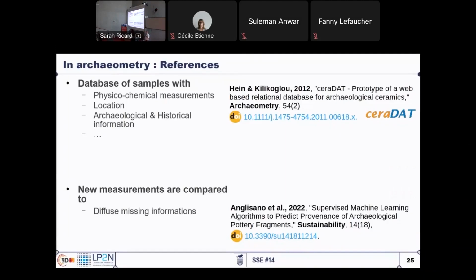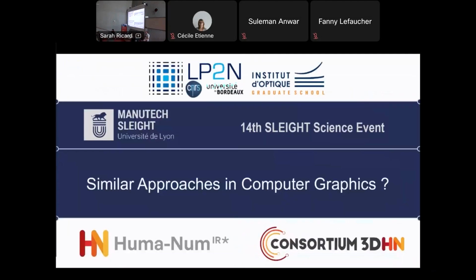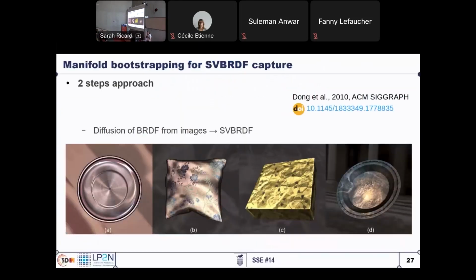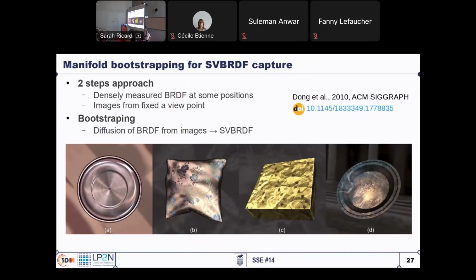So this is very interesting, and perhaps we can find in graphics some techniques that are similar to such an approach to the diffusion. There was some, not a lot, and quite old. There was a paper from 2010 called Manifold Bootstrapping for SVBRDF capture, in which they use a two-step approach to capture the full spatially varying BRDF.